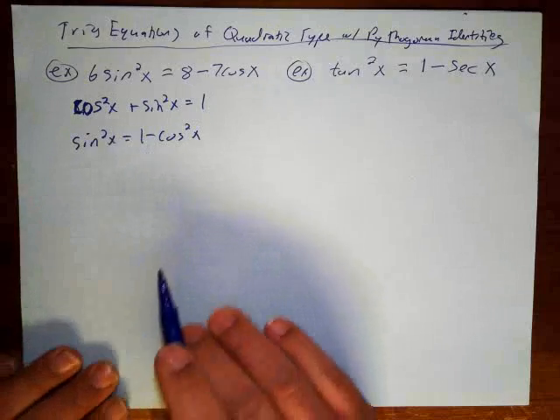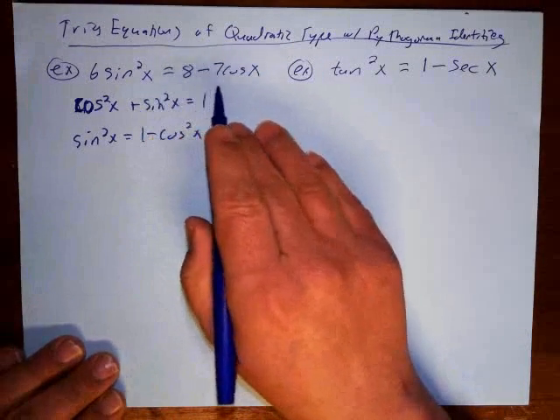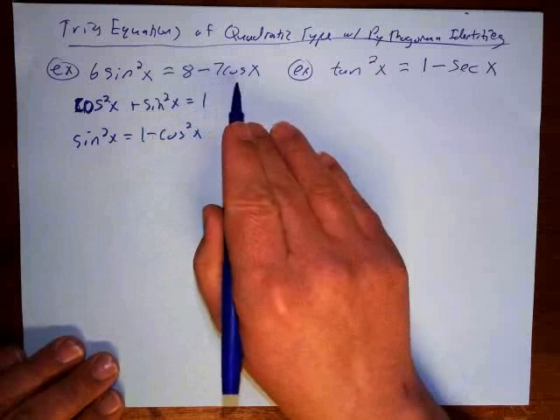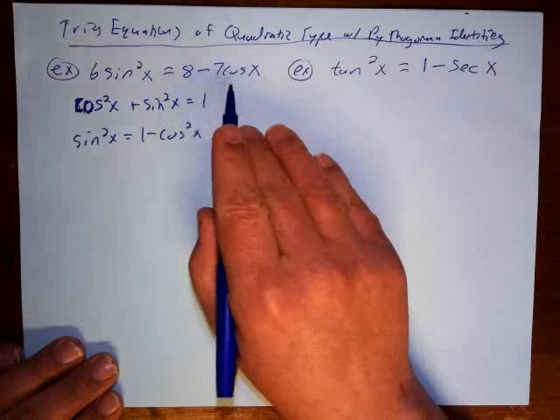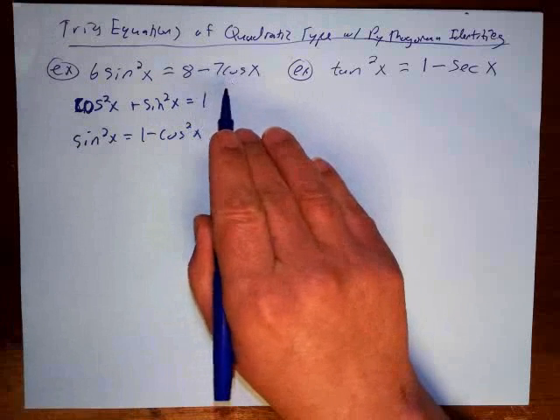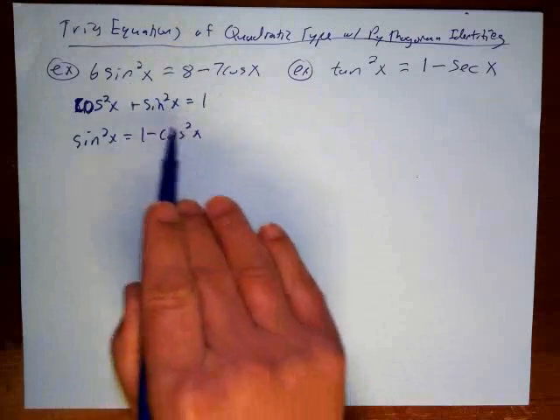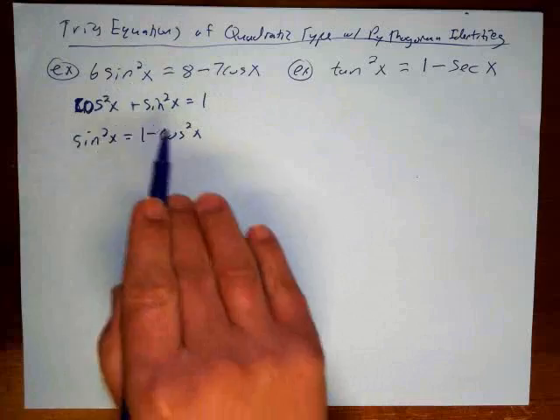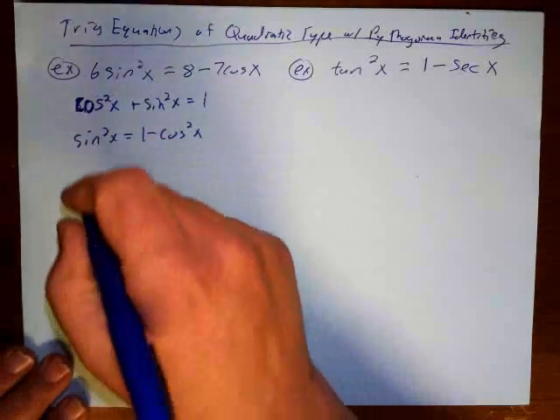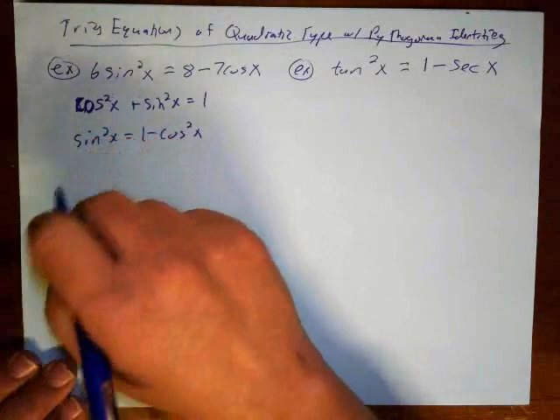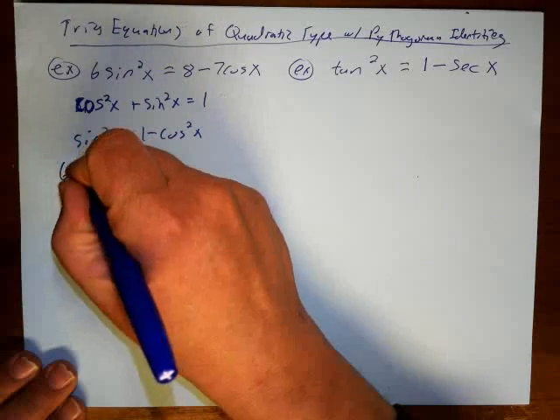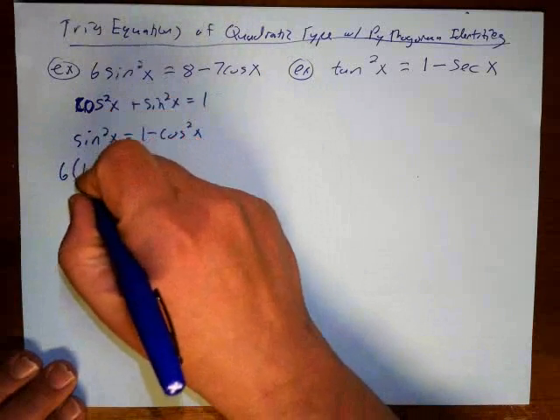And so what you're always going to do is take the equation and change it to the one that's the linear term. So in this case, the linear term is cosine. So I'm going to change the whole equation into cosine by using the Pythagorean identity this way, substituting it in. So in doing that, I would get this. I'm going to substitute that in.